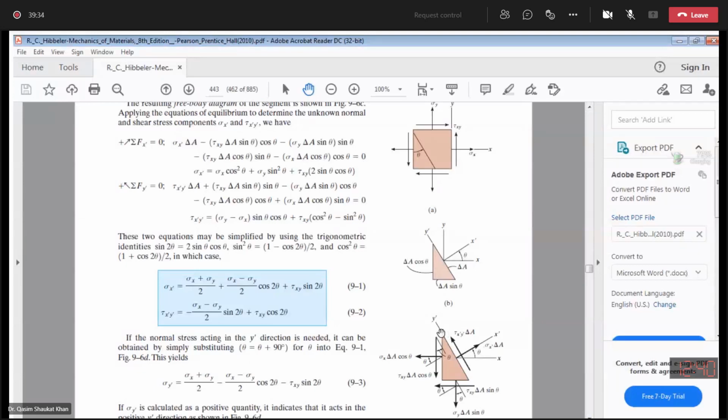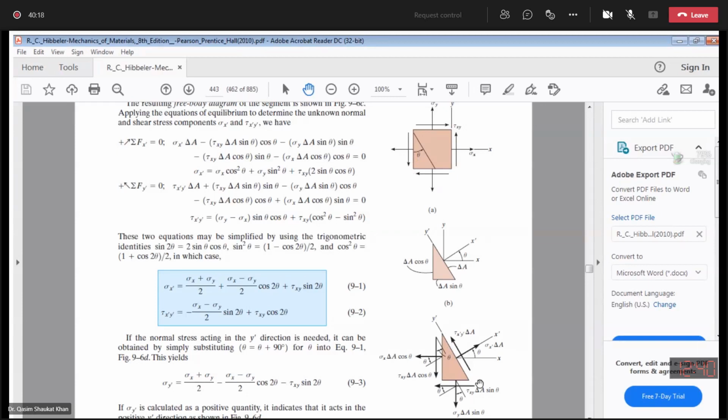Now we come to this figure. If you see, this is your transformed y dash axis and this is your transformed x dash axis. These are the normal and shear stresses which are acting on this part. So you have sigma x, you have tau xy, and you have sigma y. Now these stresses have been converted into forces. Stress is equal to force per unit area, so force is equal to stress into area.